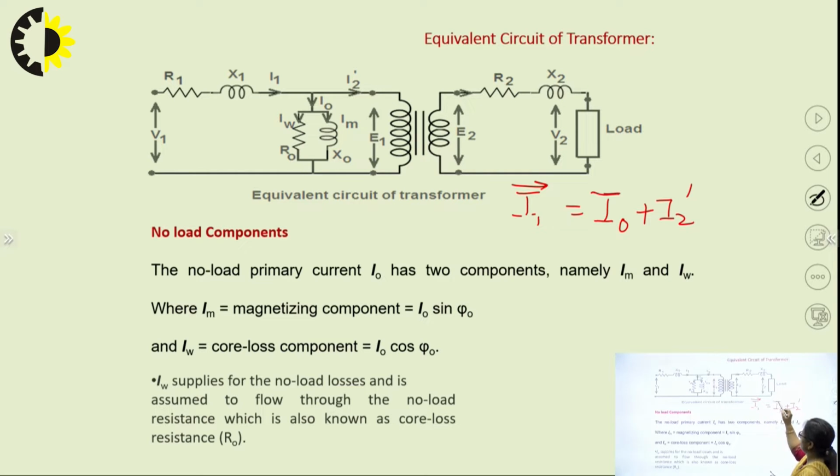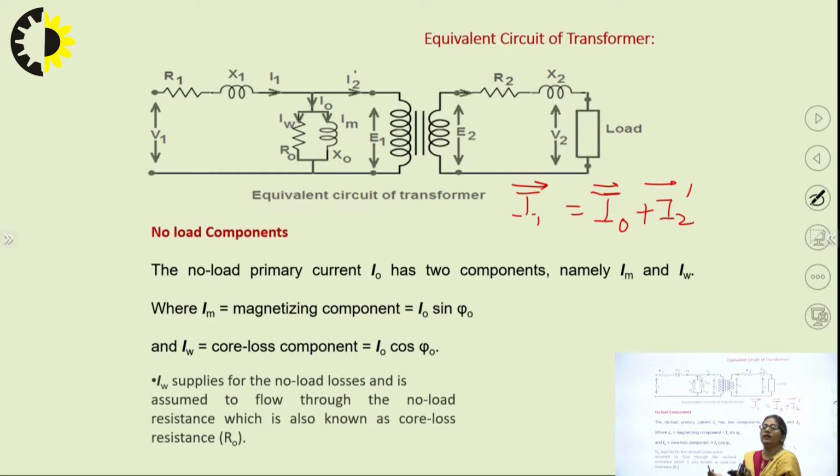What is this I0? I0 is the no load current which flows in the transformer at the no load condition. We have seen the no load condition of the transformer. When the load is not there, the transformer will not draw the current I1 as such; in that case the primary current I1 will be just this I0.